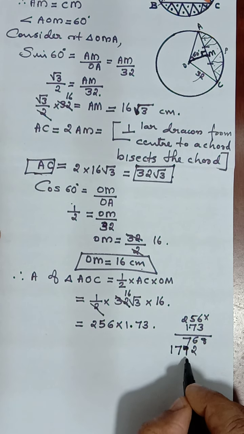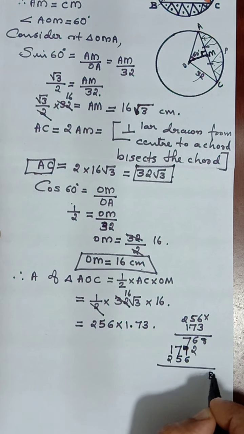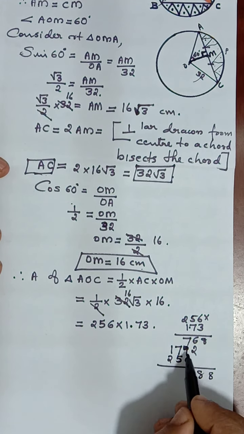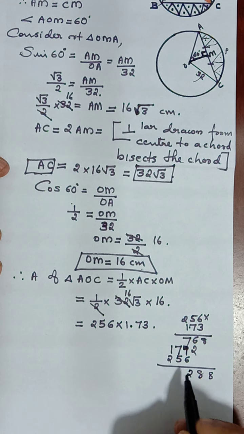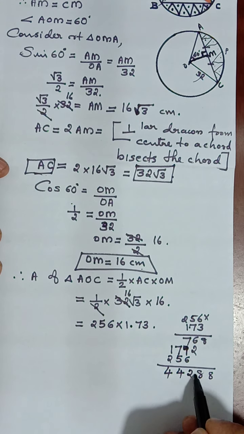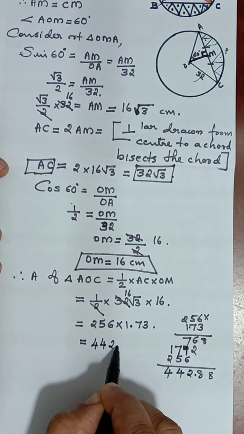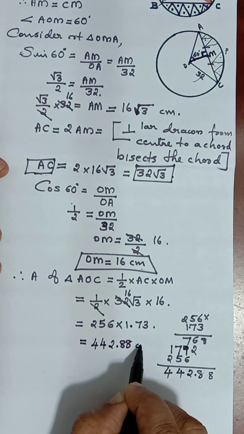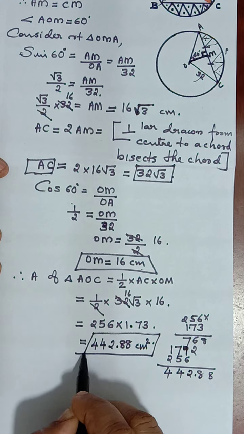Next comes 1 into 6, 1 into 5, 1 into 2. So add it now. Here we get 16 plus 6, 22. 9 plus 5, 14. So here we have 2 decimals. The answer here is 442.88 cm square. That is the area of triangle AOC.